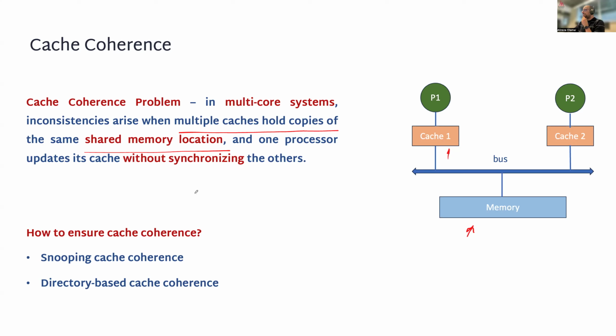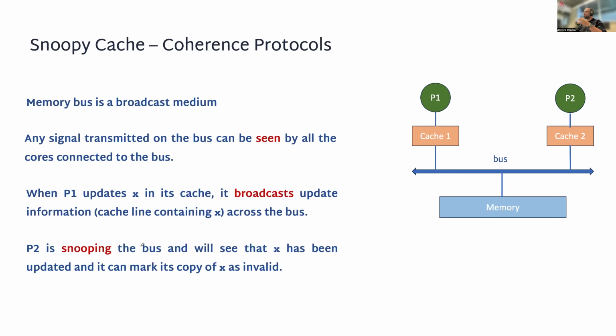There are some approaches to solve this problem, and they are mostly implemented in hardware. One of the most famous ones is the snooping cache coherence protocol. Another one is the directory-based one, which is usually used in distributed systems, but I'm just explaining the snooping cache coherence one. So let's see what it does.